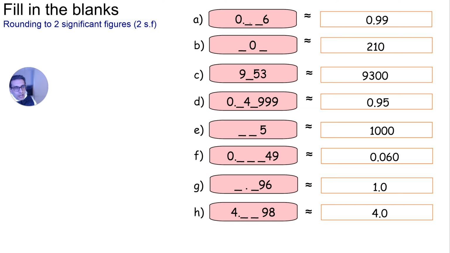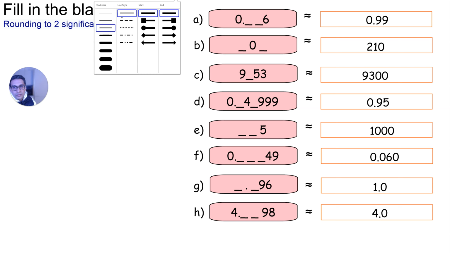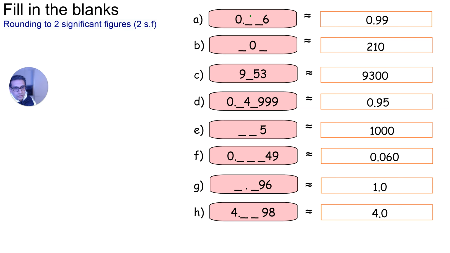All right, so the first one, 0.99. So this is going to have to be 98. Because the decider is the 6, and that 6 means the 8 becomes a 9.